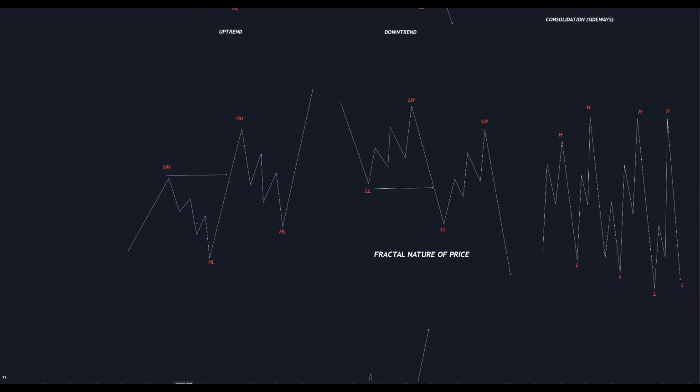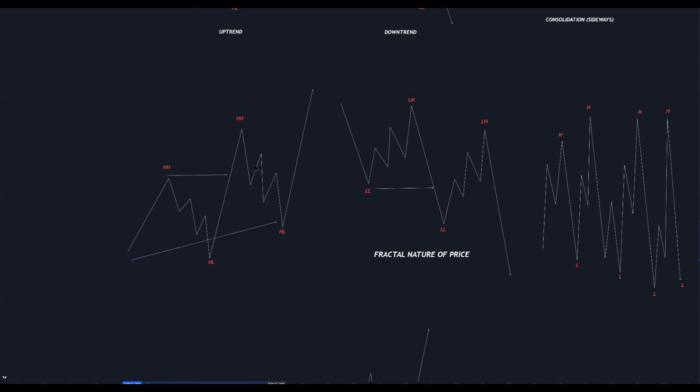The market must pull back, and that pullback is also another trend. So let's assume this is the 4-hour price action. This is your higher highs, then this is your pullback.